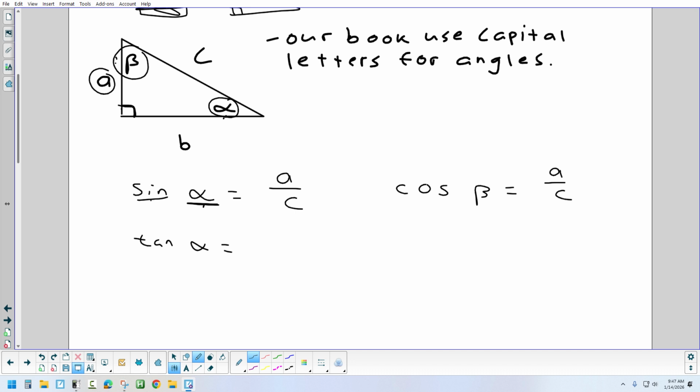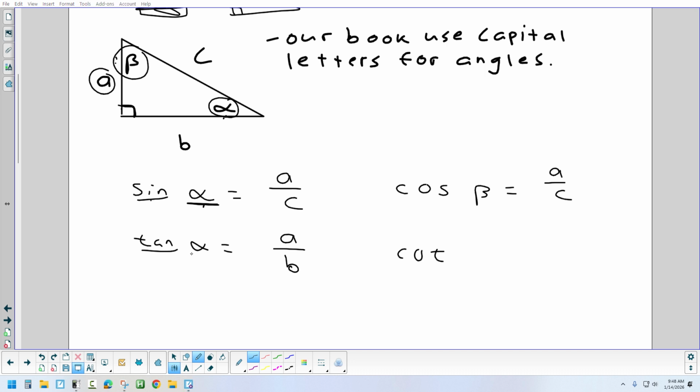B over... that's the cotangent. So A over B. Tangent is opposite over adjacent. Okay, so now let's make up another question. What trig function do you get if you prefix that with co? Cotangent.